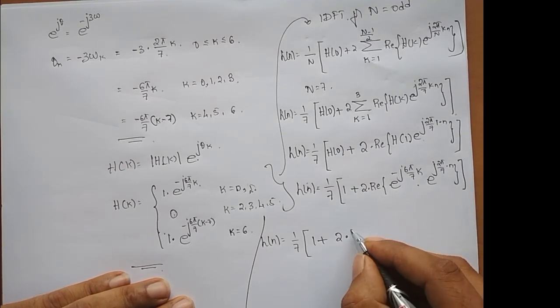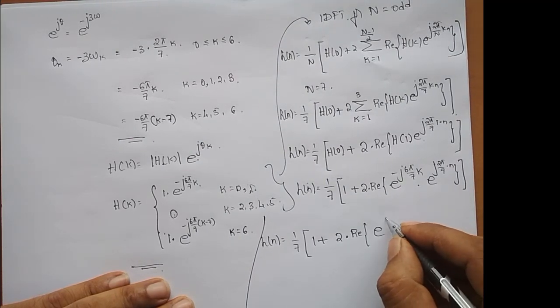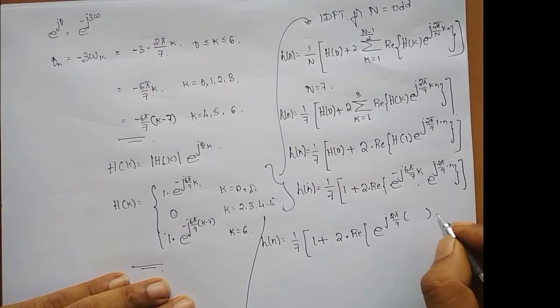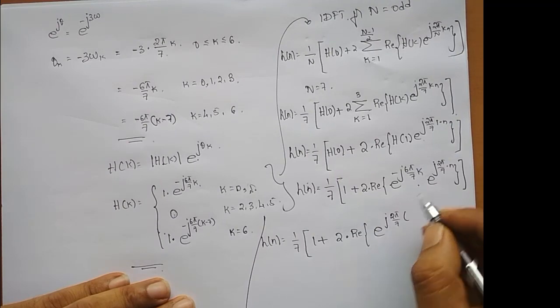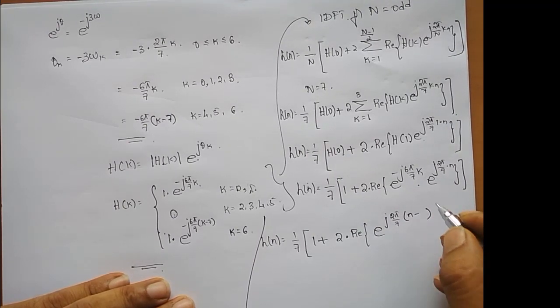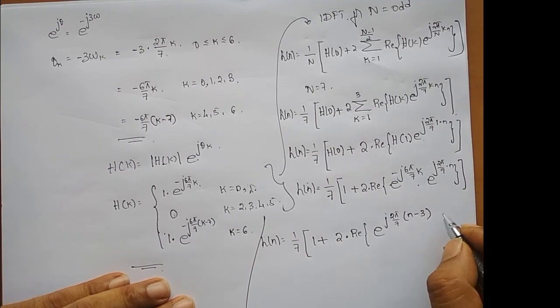Before that, let me take a few terms common. E power j into 2 pi by 7, if I take common, so it is e power j 2 pi by 7 into n minus 3, right?